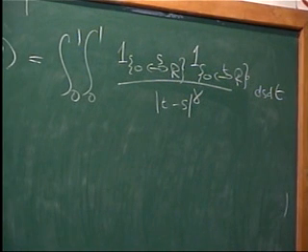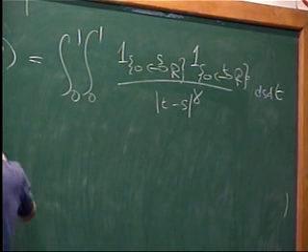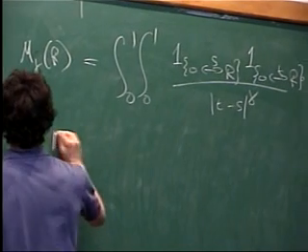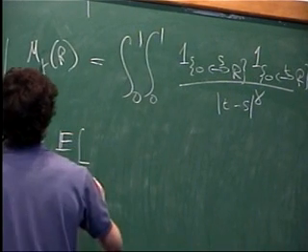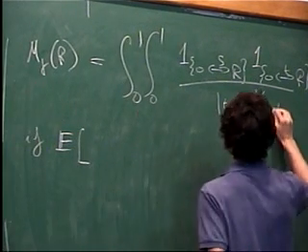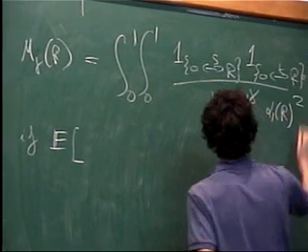And to get a probability measure, you need to divide by this thing.